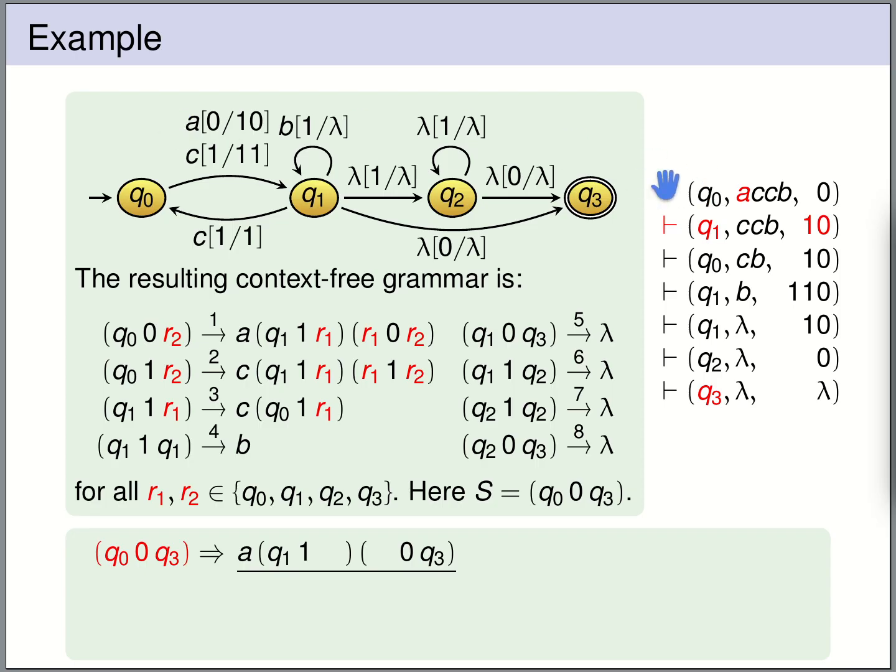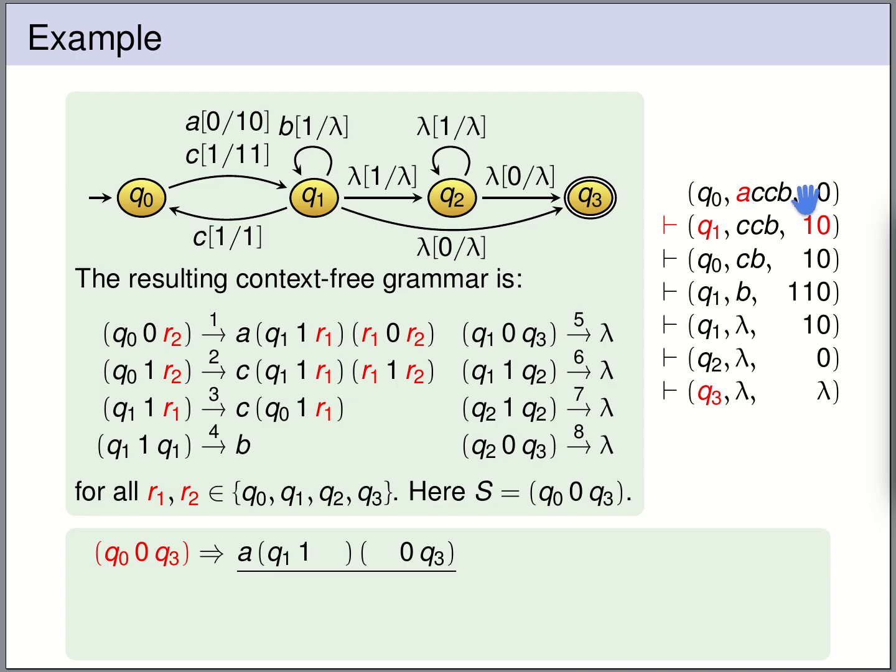So, from Q0, we switch to Q1 and we have read an A. So reading an A now in the grammar corresponds to producing an A. Since we have switched from Q0 to Q1, we now have Q1 instead of Q0 in the first variable. Now we have two variables because our stack has increased.